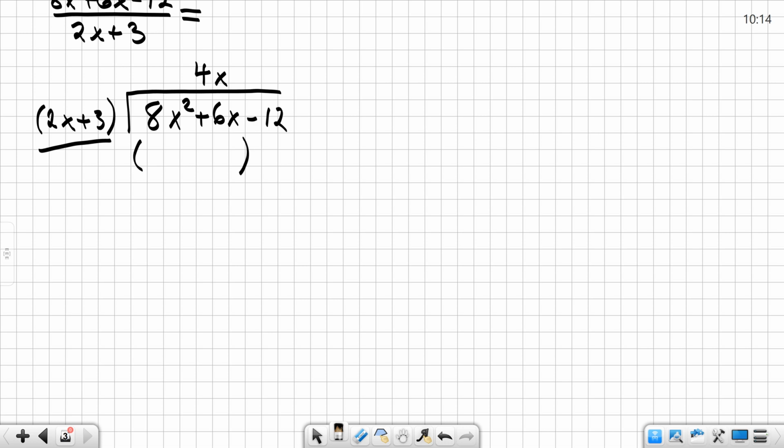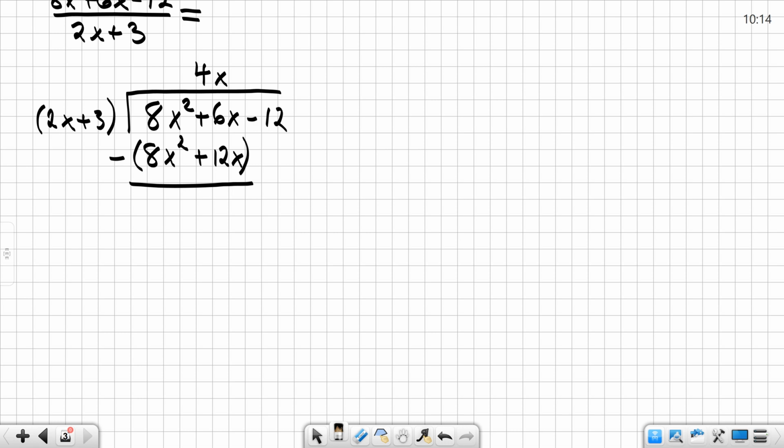And I will get 4x times 2x, that's 8x squared. 4x times 3, that is positive 12x. What I have to do now, I have to subtract this from the top. So, divide, multiply, subtract. Divide, multiply, subtract in this order.